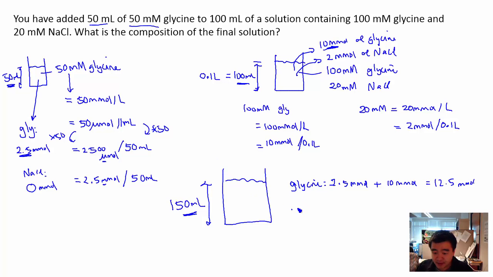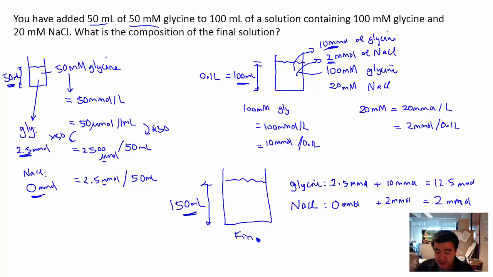For sodium chloride, there were no millimoles coming from the first solution, and there were 2 millimoles coming from the second solution, which means the total amount, not concentration, but amount, is 2 millimoles.